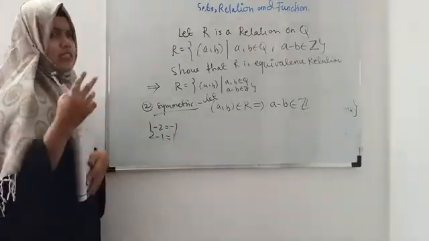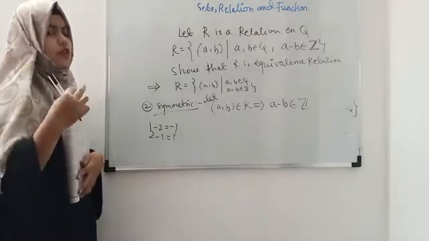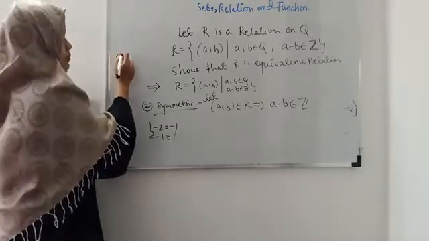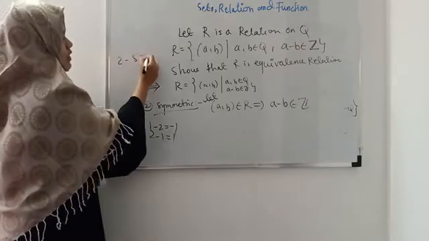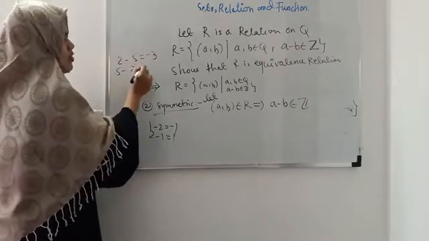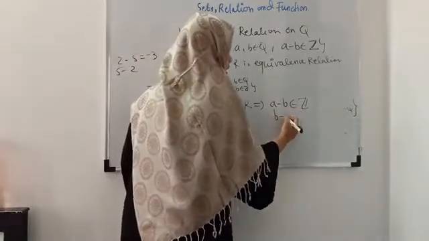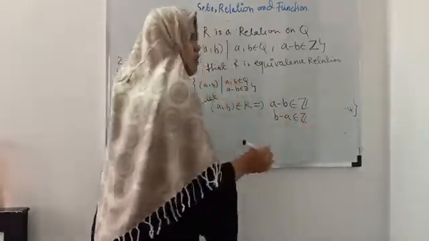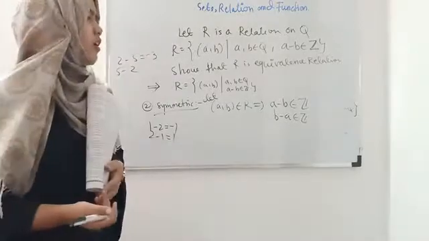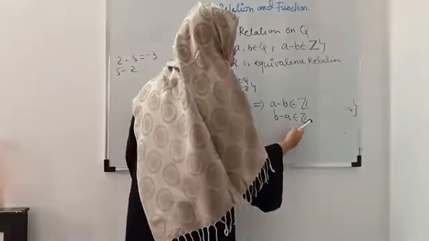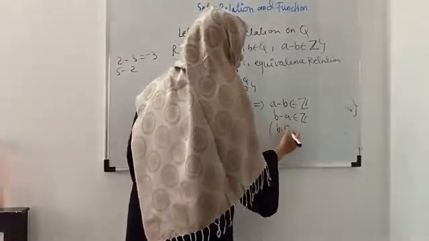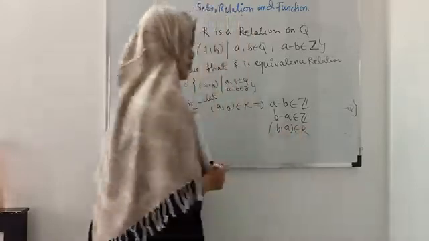If the subtraction of two elements is an integer and you interchange them, suppose 2 and 5, it is minus 3, an integer, and 5 minus 2 is also an integer. So if a minus b is an integer, then b minus a will also be an integer. It will not give you any rational number. So b minus a belongs to Z. That means (b, a) belongs to the relation.